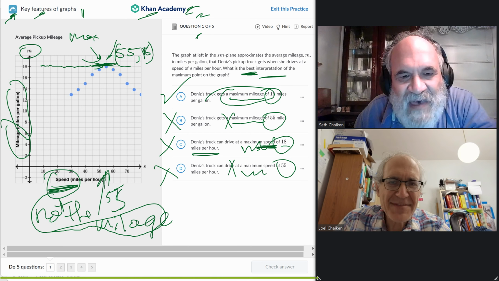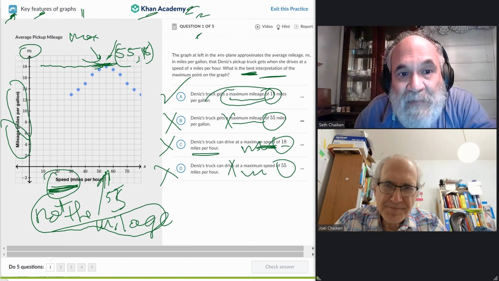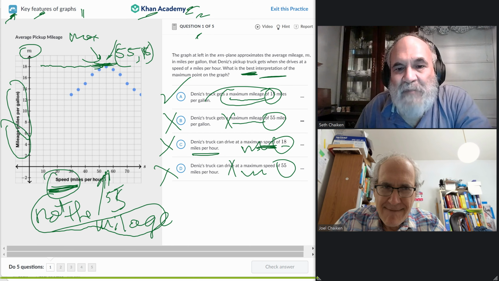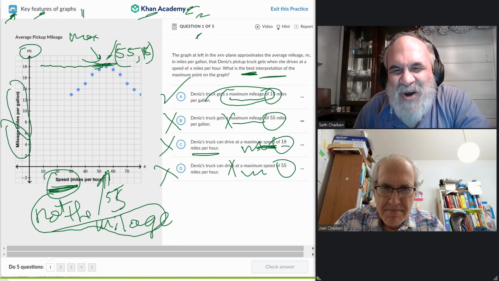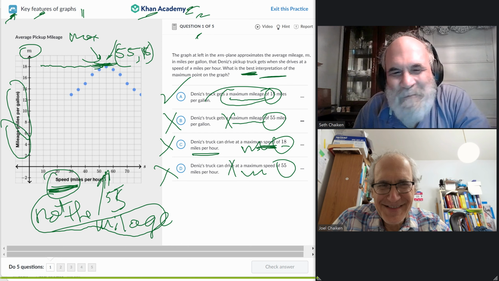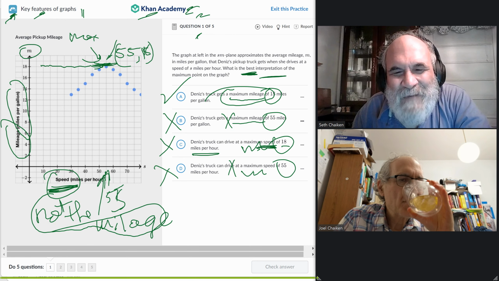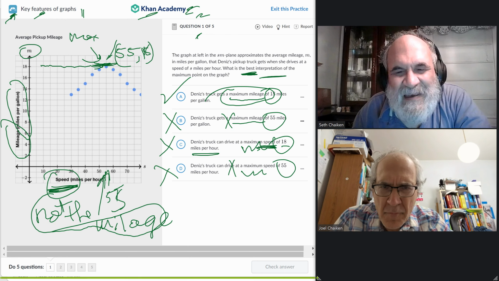I fell into that mistake. They gave four combinations of concepts and numbers, something a chatbot would try. But only one of them makes sense in terms of what the graph says.